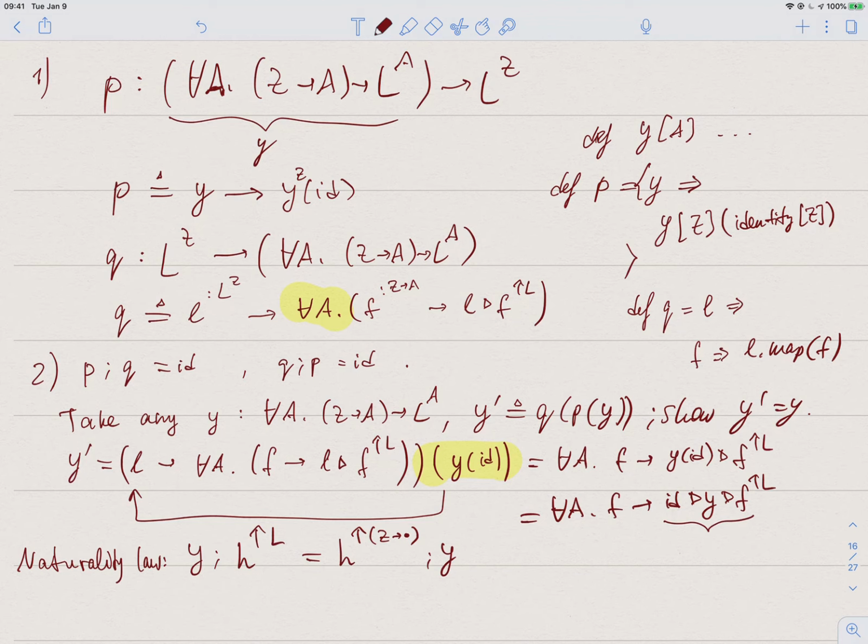So it looks like we're getting something interesting, because here we have this Y. In Scala, this would have been identity dot Y dot map F. So we obviously have the composition of Y and map F. So let's call this F instead of H. And let's substitute in here.